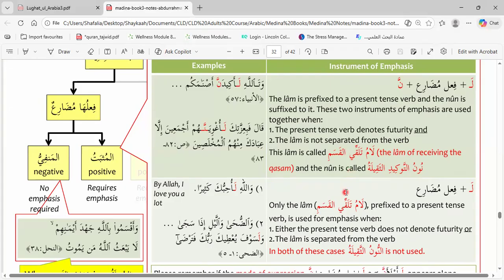The noon is called noon al-tawkid al-thaqila, the heavy emphasis noon. So here we have an emphasis with the lam and noon.